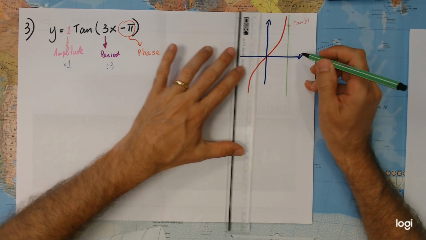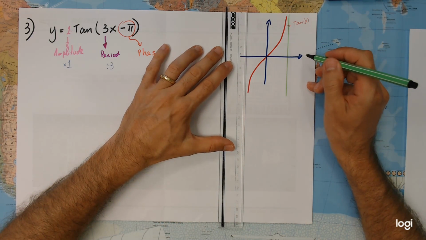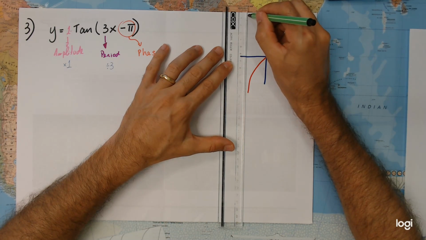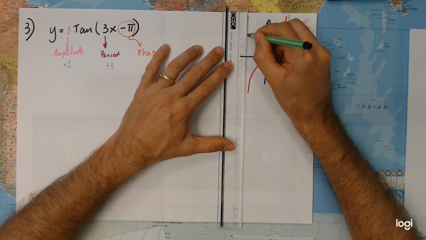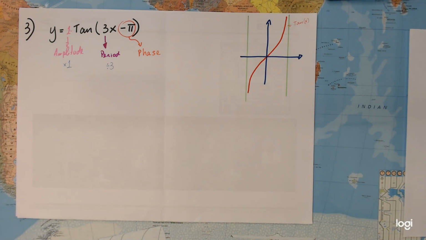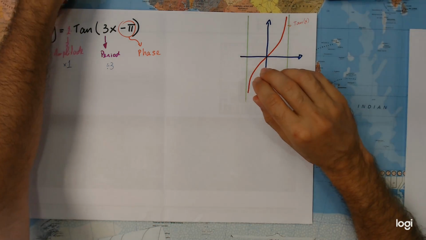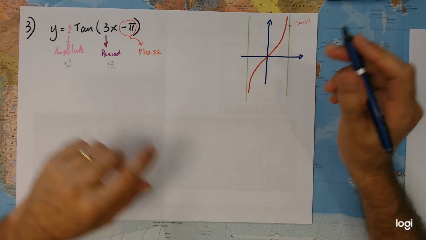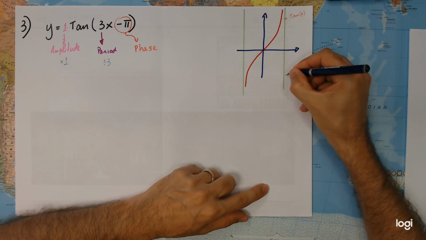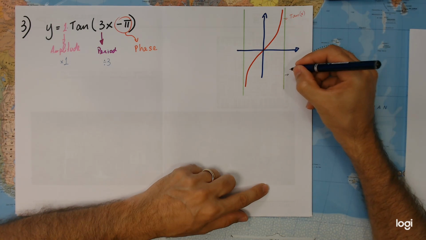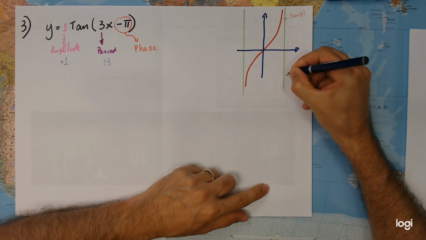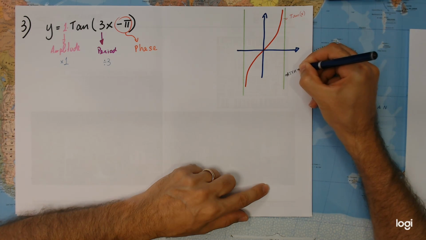It is a line like this, and we have another one in here too. This is asymptote. Oops, starts with A. Asymptote.